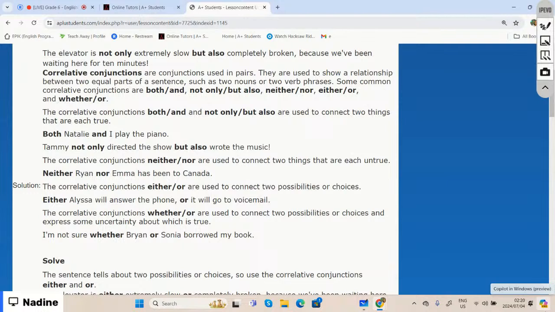All right. And we said when we use the words correlative conjunction, which is both or and, not only but also, it is basically to connect two things that are each true. So if I were to say that Nadine and I did something, right, then it means that it is true, because both of us did whatever.